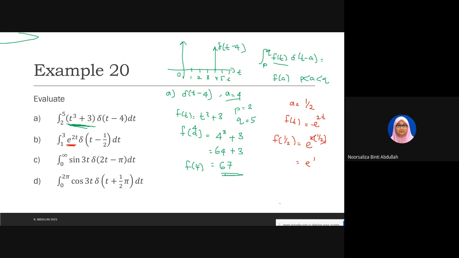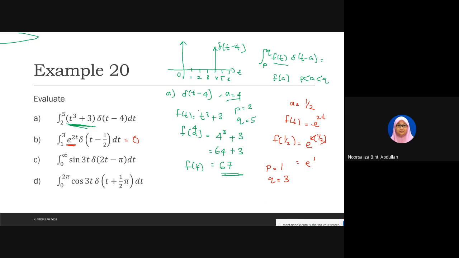Okay, cuba tengok P dengan Q. Apa nilai P? P sama juga dengan 1. Q? 3. Okay. So nilai A tu antara P dengan Q tak? Tak ada. Jadi sama juga dengan kosong.